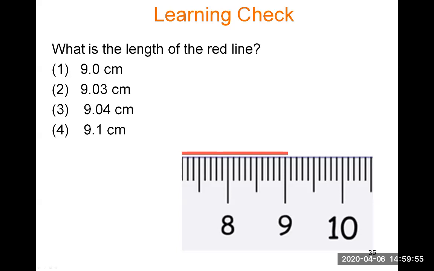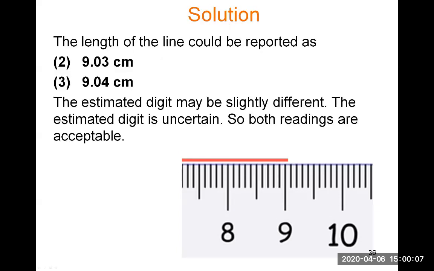And here it's slightly before the middle of the space between 9.0 and 9.1. So you can say that it's 9.03 or 9.04. Both answers are correct, because again, the last digit is an estimated digit and it depends on the person who reads the measurement.